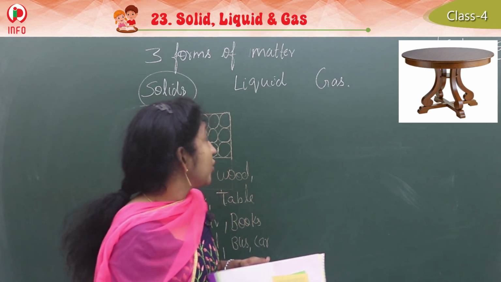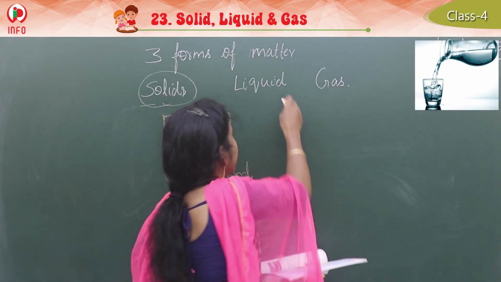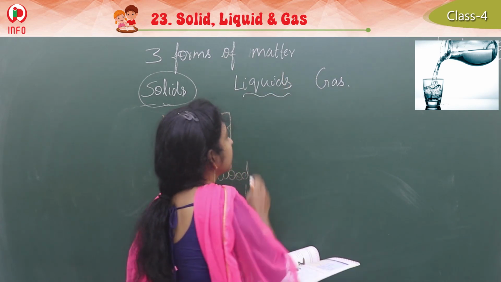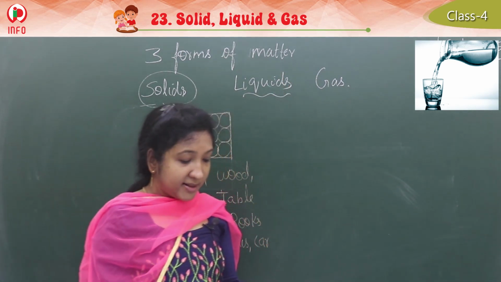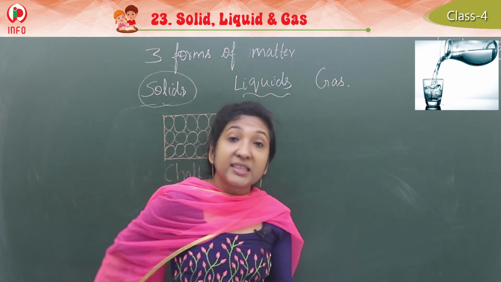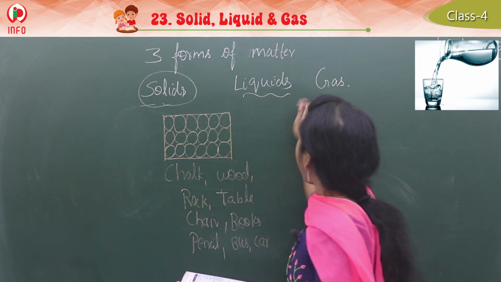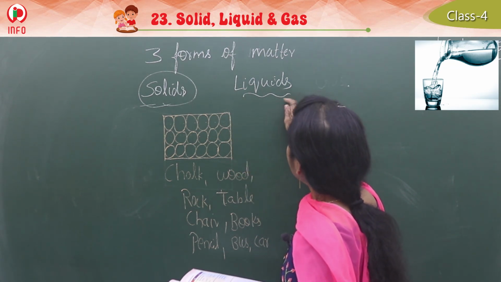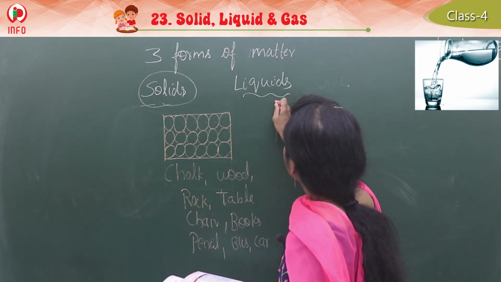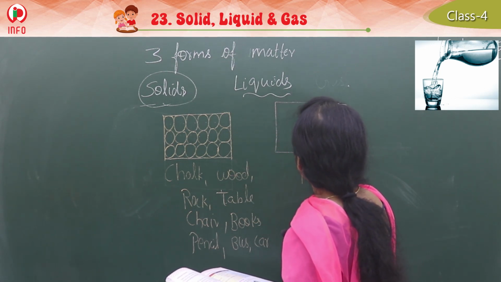Now coming to liquids. What about liquids? The molecules in liquids are less closely packed than solid. Here solid molecules are tightly packed, isn't it? But in liquids, it is less closely packed.